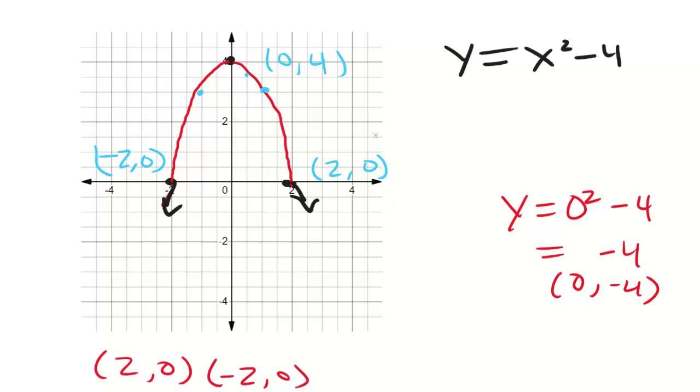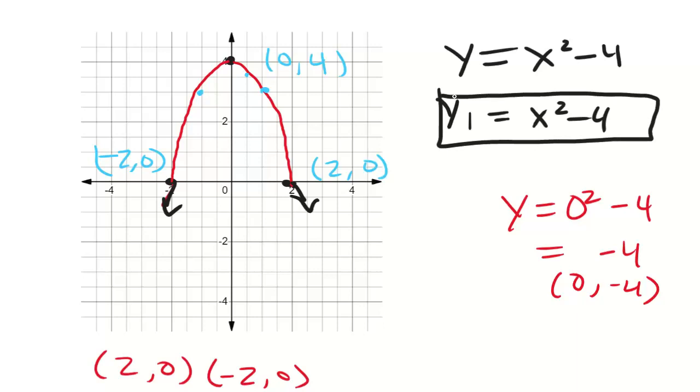Of course, I can actually plot this in my graphing calculator, where I just need to write it as the equation y1 equals x squared minus 4. You would input that into the graph section of your TI-83 or 84, click graph, and it would give you the exact same thing.